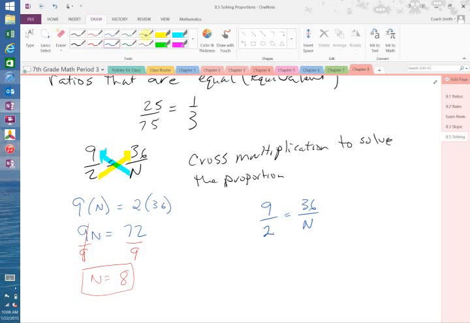So what they basically did in 8.4 is they said, I can multiply that by 4 to get 36, so I do the same thing here, and I get 8. Now, that's fine when you're dealing with simplistic proportions. But most of the ones you're going to do today are not going to be simplistic. In other words, you're not going to be able to tell right off what you did to this number to make it this number.